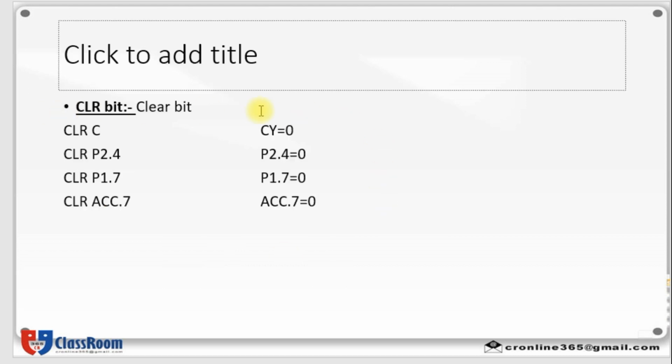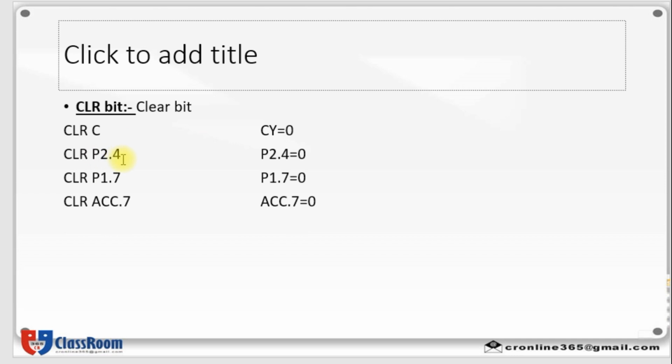Then clear bit. Clear bit means we have to clear some specified bits. For example, CLR C. C means the carry bit. You can clear the carry bit, you can give the value of carry as 0. So the carry value will be equal to 0. Then CLR P2.4.